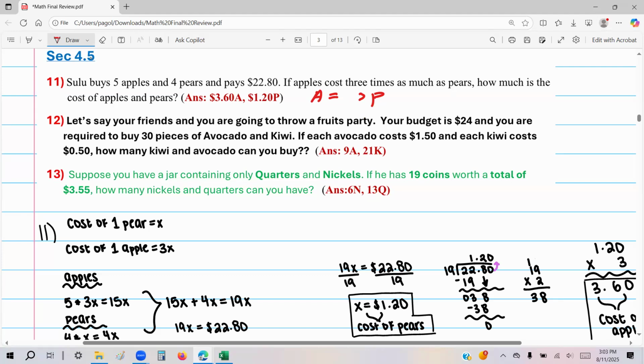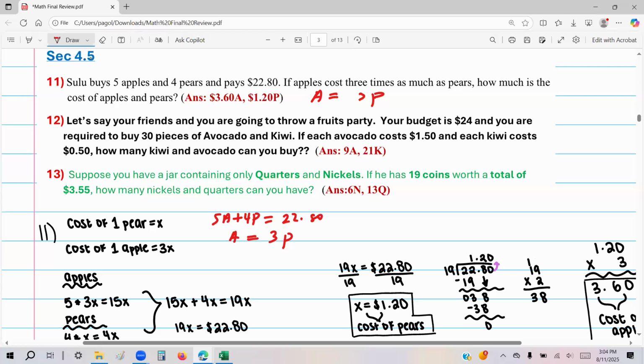So this is one equation, and the other equation is 5 apples plus 4 pears, total 22.80. So 5 apples plus 4 pears is $22.80, and we know each apple is 3 times the pear.